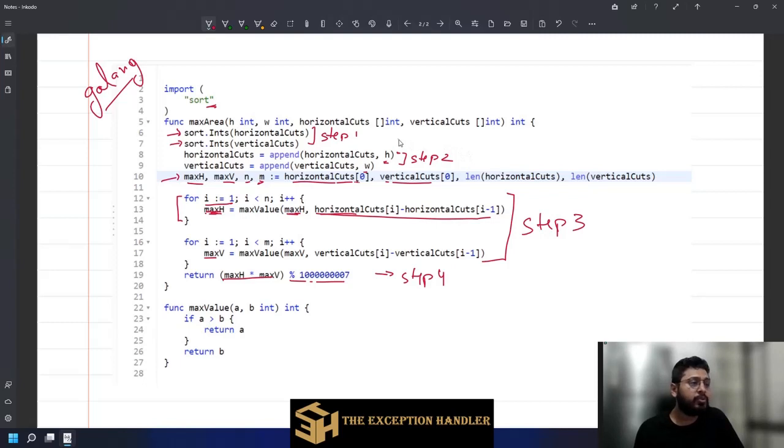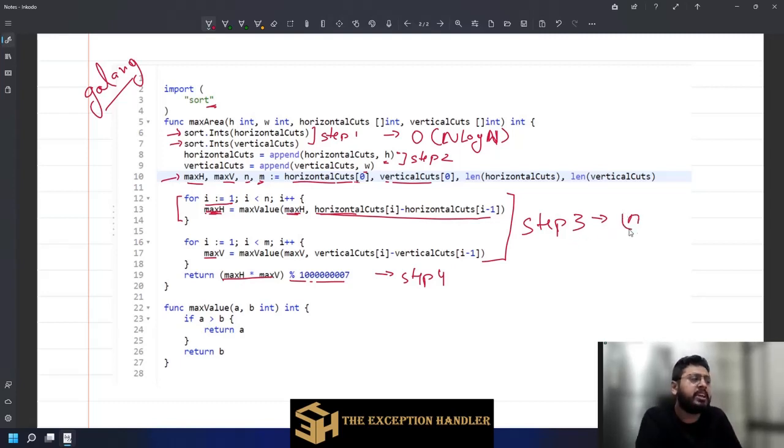And now if you know, this is time complexity O n log n. This is the time complexity for these two sorts cumulatively, because it is the maximum of these two, n log n or m log m. And then the time complexity for step 3 would be n, the maximum of either of the two.